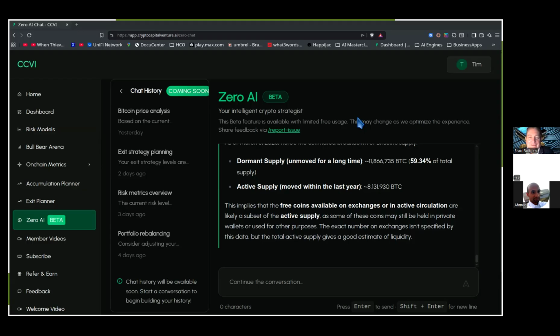I look at ADA as being the same thing. Midnight is designed to have ZK rollups, zero knowledge proofs, basically sit on top of that side chain.